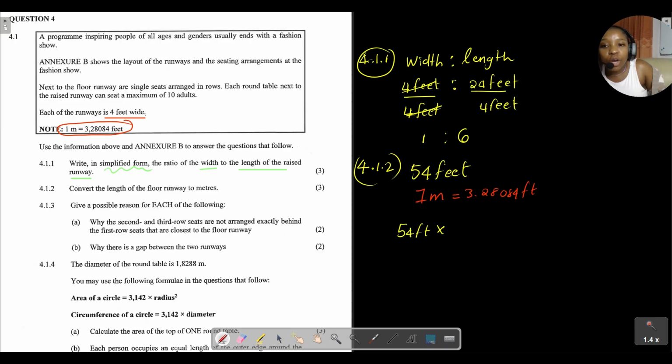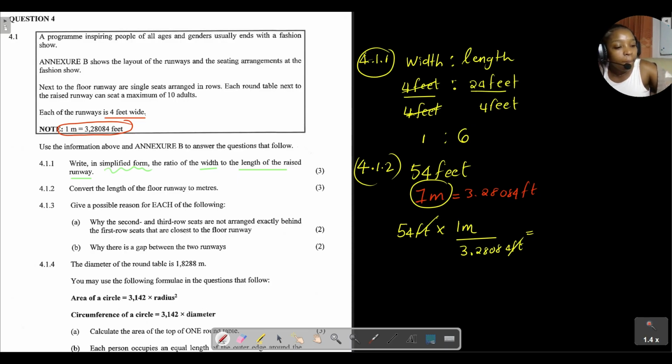Multiply by what I want. I want to convert to meters, so I multiply by 1 meter divided by what I have. I have my units in feet, so I divide by 3.28084 feet. If you punch this into your calculator, you'll see that the feet and the feet cancel.